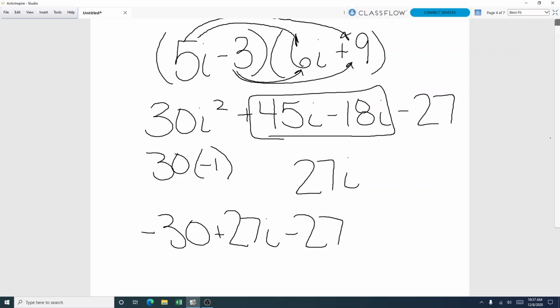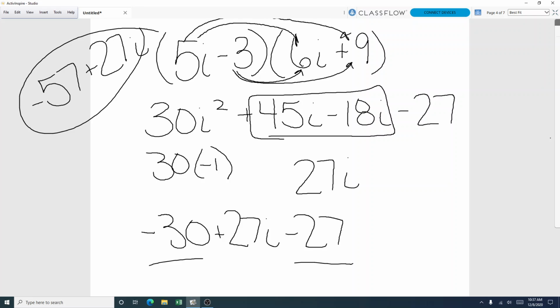Yes, combine -30 and -27. What is -30 and -27? -57. So -57 plus 27i. So we're actually going to have to be doing a little bit of what we did yesterday. We're going to be combining those i's. Okay, so we're not only just multiplying today, we're actually going to be combining some.